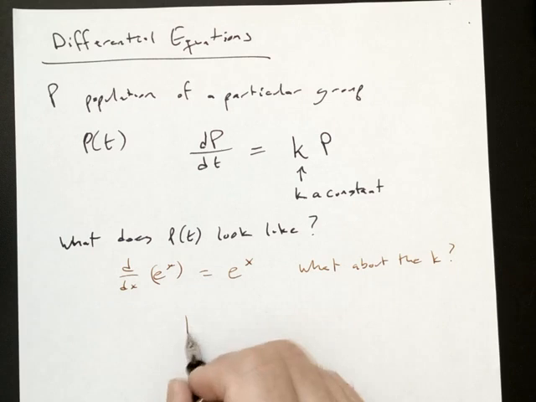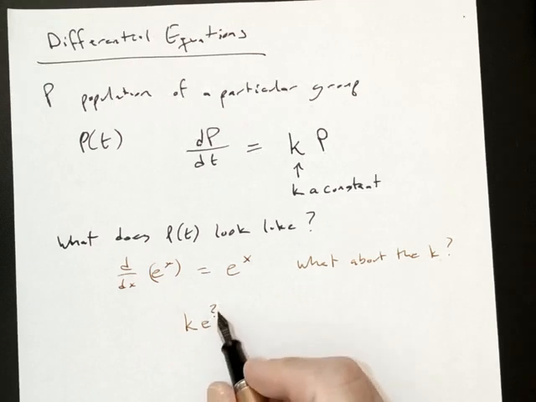Well, if I want my derivative to look like k e to the something, I could think about the chain rule. And I could say to myself, well, maybe that k comes from the chain rule. If the k comes from the chain rule, then it's the derivative of the inside. Well, that's where this question mark is. That would be the inside. So if k is the derivative, then the inside was? Say again?